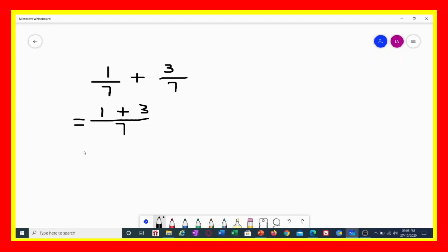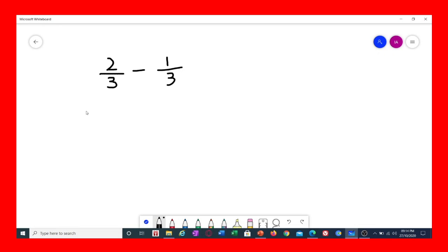So we add them up and write the final step in our calculation. 1 add 3 is 4 divided by 7. So it's easy when the denominator is the same.